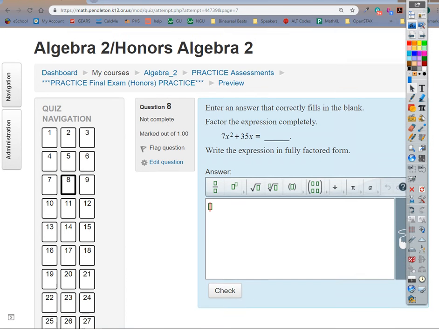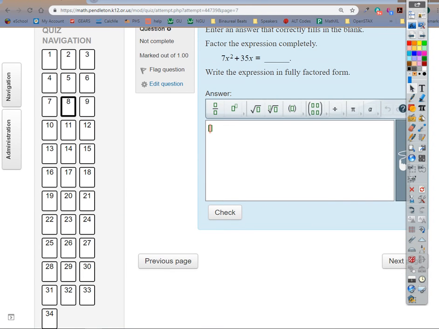Factor the expression completely. So what about one like this? Here's the expression: 7x squared plus 35x. Now, if I'm factoring a two-term polynomial, either it's going to fit a factoring pattern or it's not, but we always want to see if we can do what first when we're factoring?